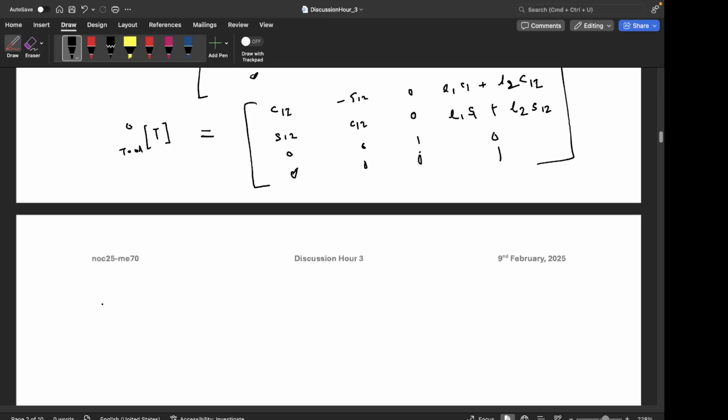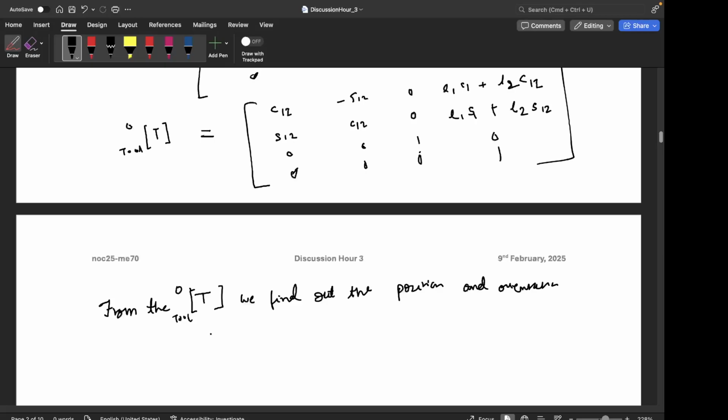So from the transformation matrix, we find out the position and orientation of the end effector in the base frame.